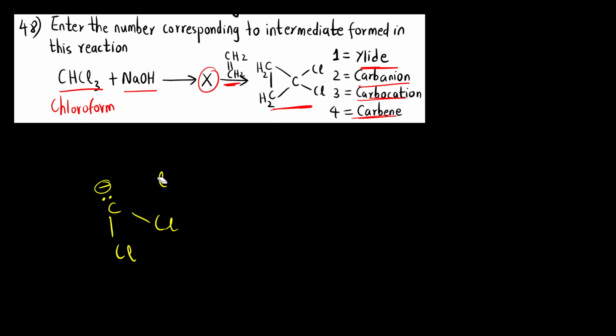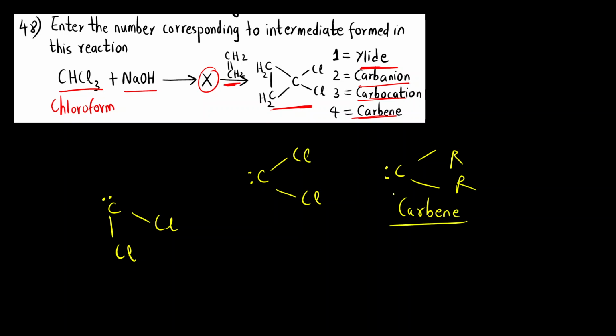Now Cl will go away as a leaving group, so we will get a positive charge. Positive and negative get cancelled and this is the species that we get. It doesn't happen exactly like this, but just for understanding I have drawn it like this. Which intermediate is this? Carbon having a lone pair and two other groups. This is a carbene. How would the further reaction have taken place?